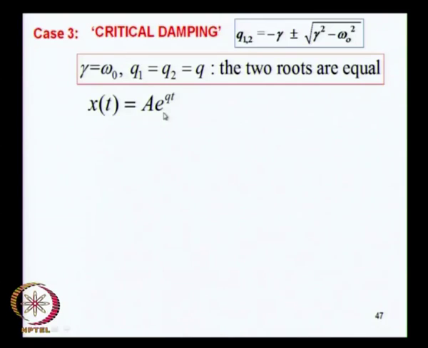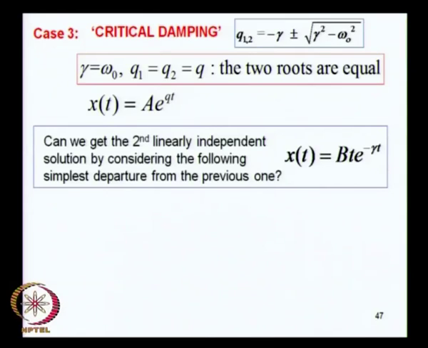And how can that be? You need two solutions, you have a second order differential equation. So there must be another solution and you have to look for it. You also know that this other solution must be linearly independent of this.